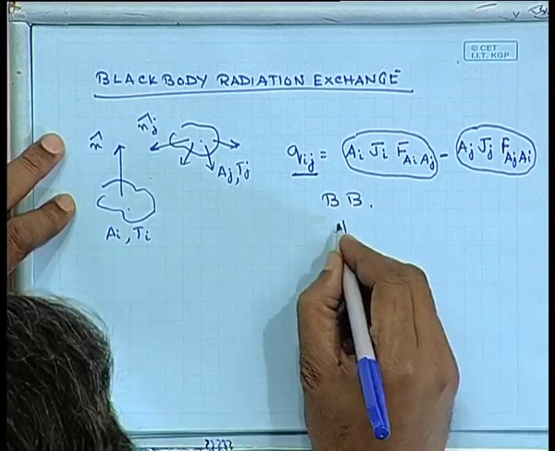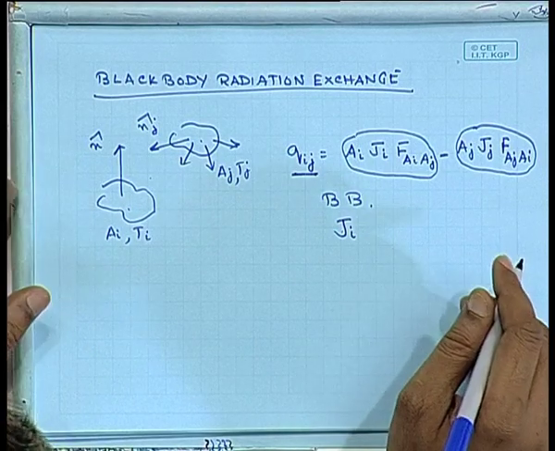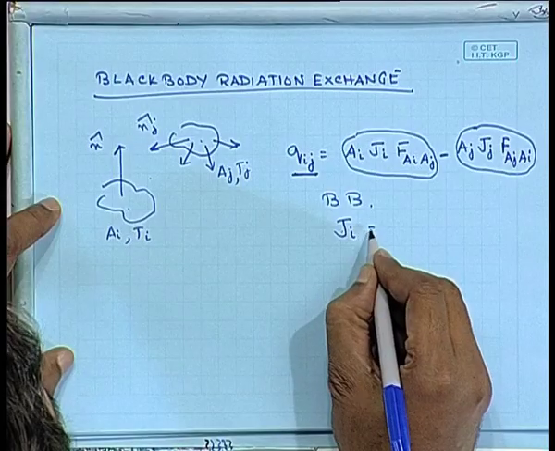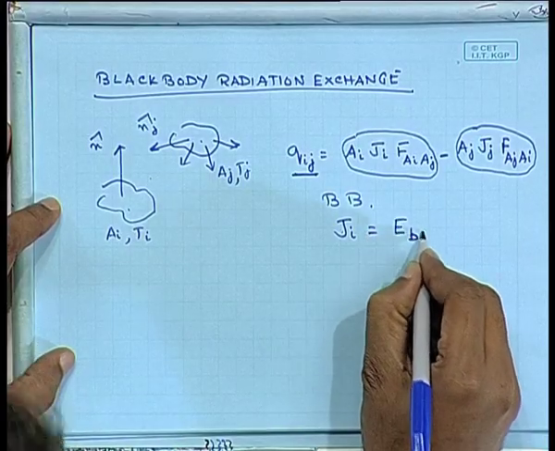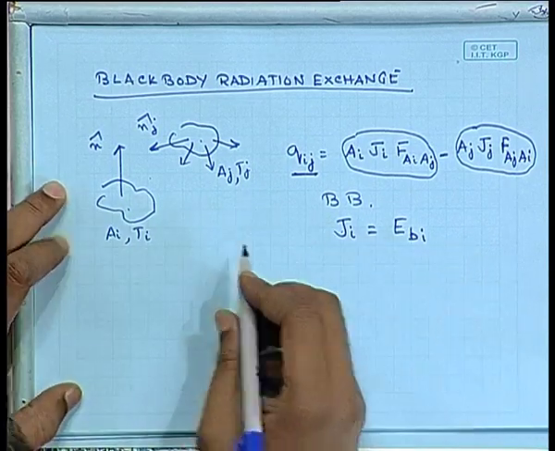What is going to happen to Ji? Come on, Ji is emission plus reflection. If it's a black body, there is no reflection, so it has to be equal to emission, or emissive power of the black body. So your Ji would simply be equal to Ebi if the surface is a black body. There cannot be any reflection part of it.